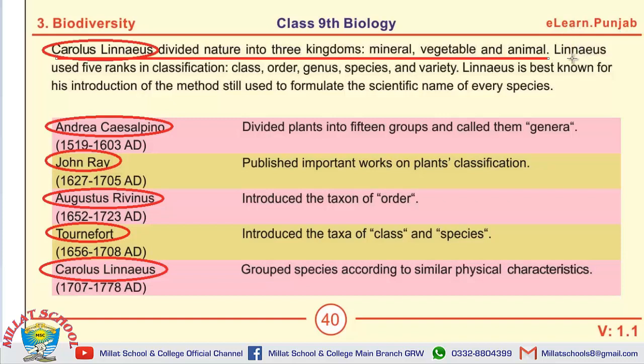Linnaeus used 5 ranks in classification, and those were class, order, genus, species, and variety. And then there are the works of other scientists. All these works can be selected as short questions.